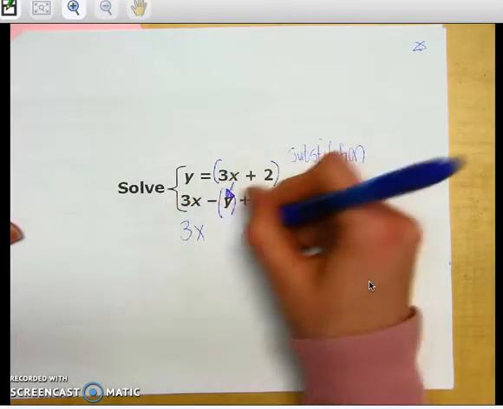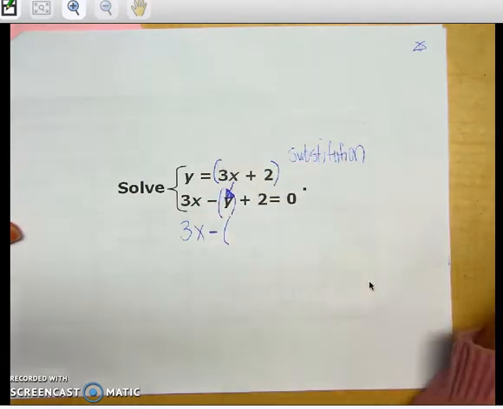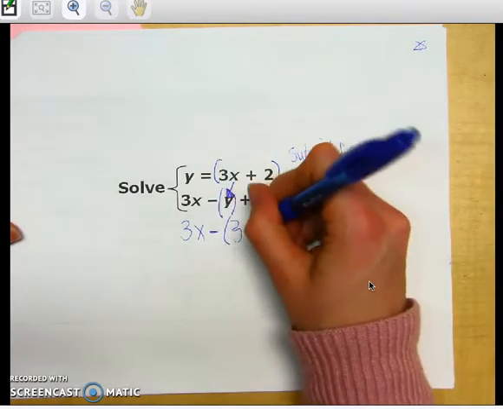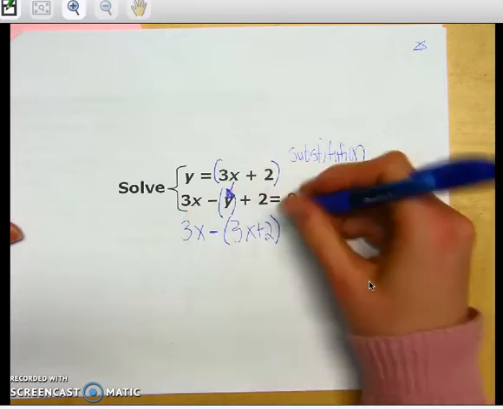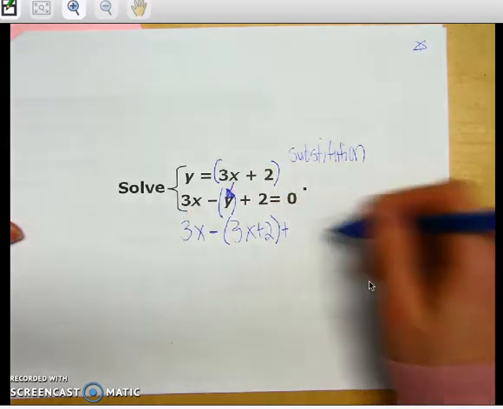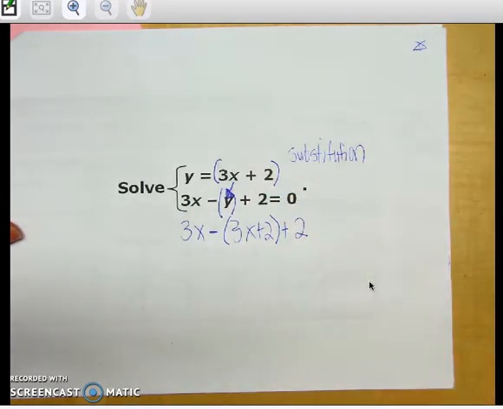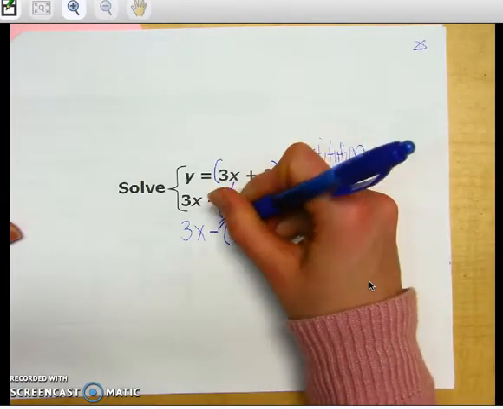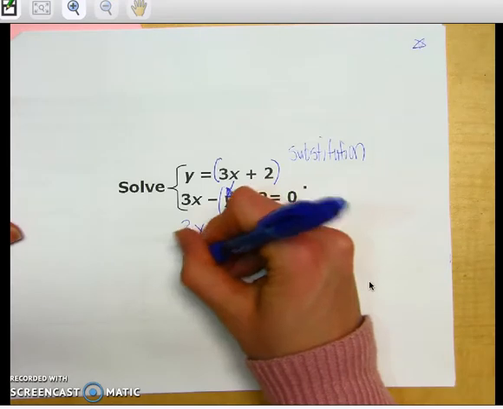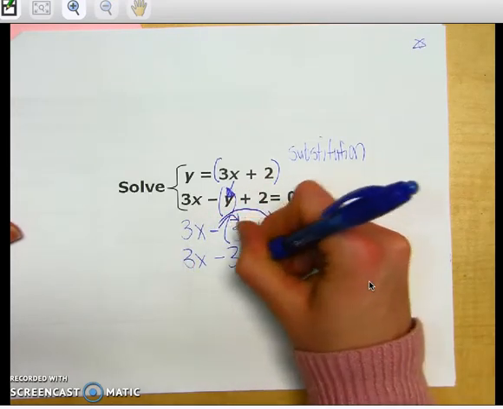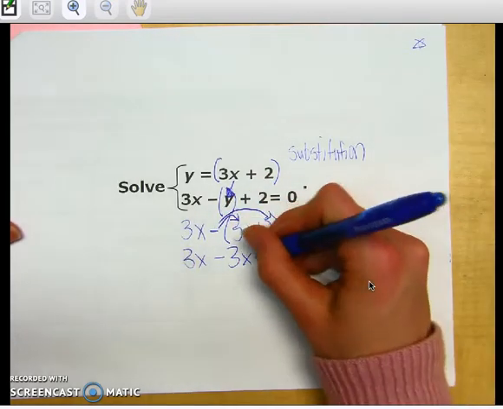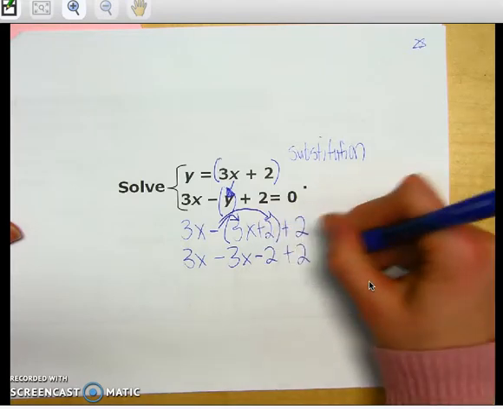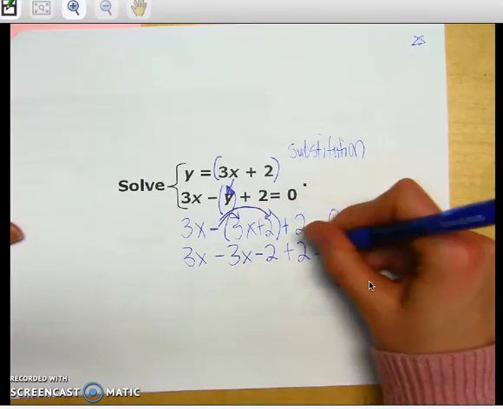And when I do that, don't forget to use parentheses when you plug in this new expression, because you're going to notice that I have to distribute the negative sign to get 3x minus 2 plus 2, and all of this is equal to 0.